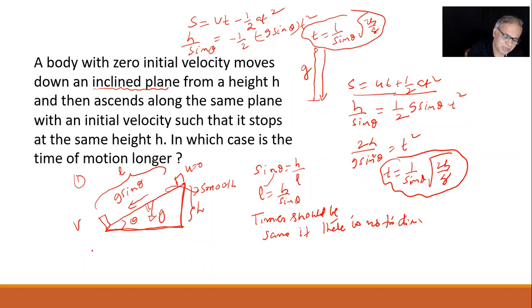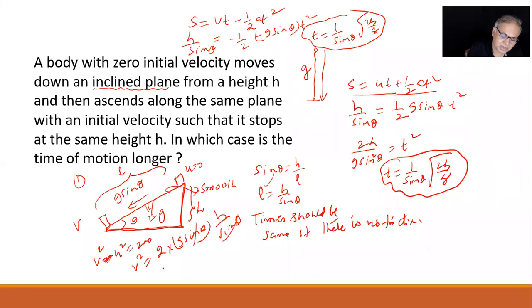What will be the speed, children, here? V square minus u square equals 2as. So what will V square be here? U is 0, so 2 into g sine theta into h by sine theta.